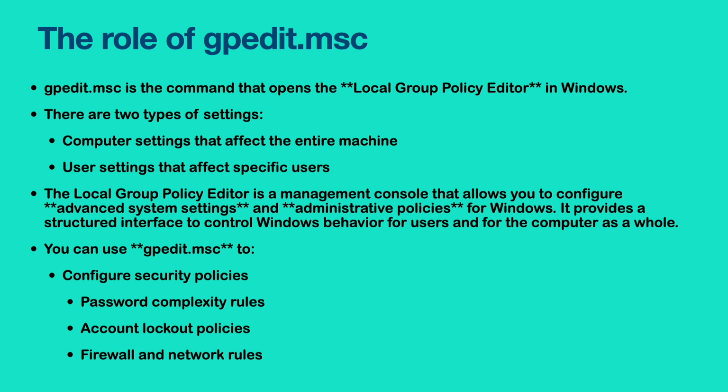So let's see some groups of data that gpedit is delivering to us. The first and most important for our purpose is the security policies, which include but are not limited to password complexity rules, account lockout policies, firewall and network rules, and some other issues, and we'll see it in one or two slides.